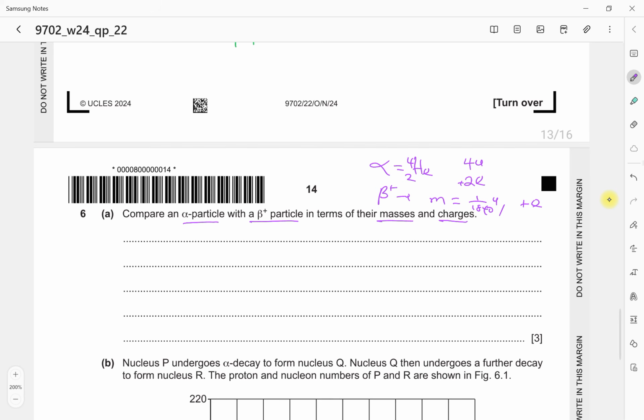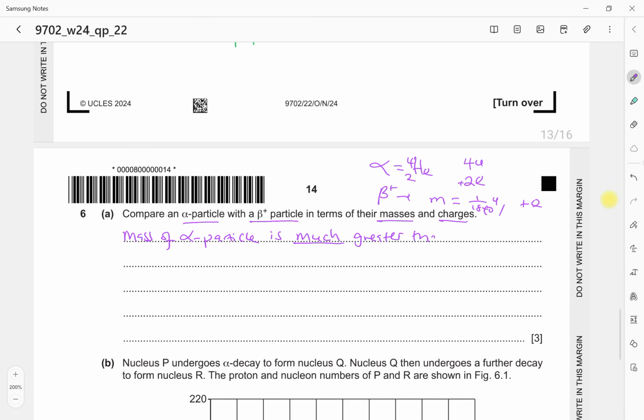Okay. So we can simply say that the mass of alpha particle is much greater than beta plus. This emphasis is very important.